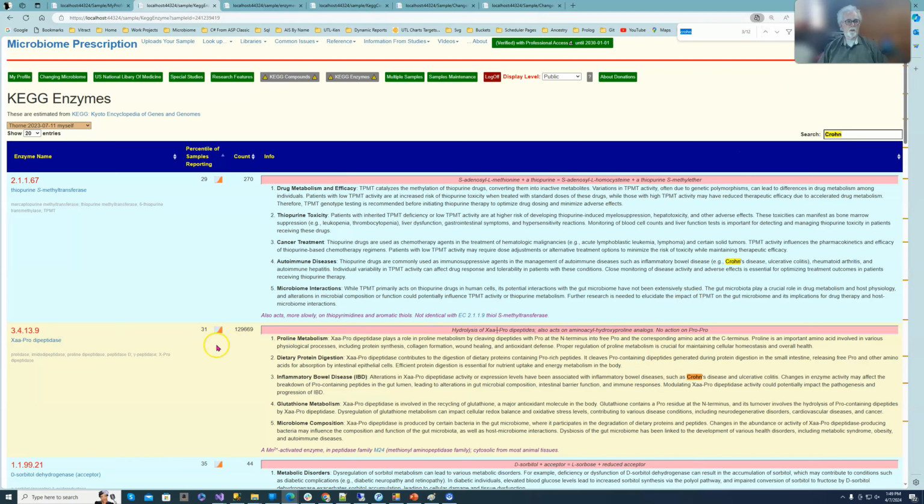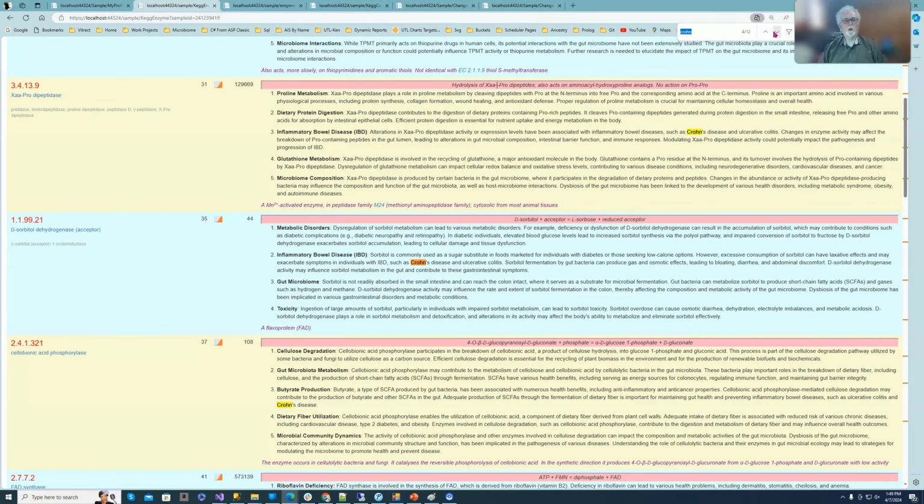And we see alterations. We have an alteration towards the low. We have another one. And here we have a warning that it could exacerbate symptoms, and we are dealing with sorbitol metabolism.